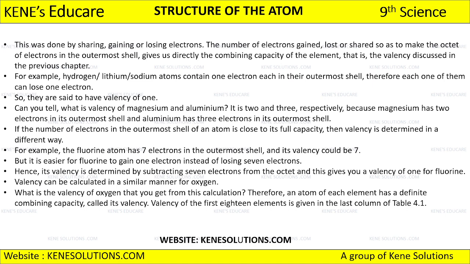Got it? So now here we have the definition of valency which has been given. An atom of each element has a definite combining capacity, and we know this combining capacity of an element as its valency. So the valency of the first 18 elements is given in column 4.1. So we have this table which we will go through, but before that I want you all to please go through the slide.